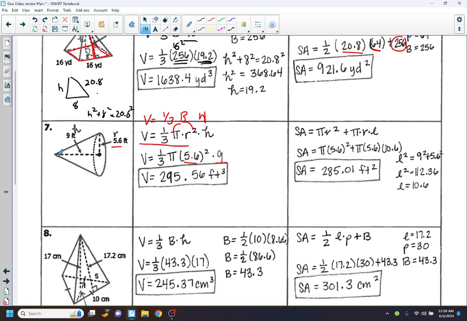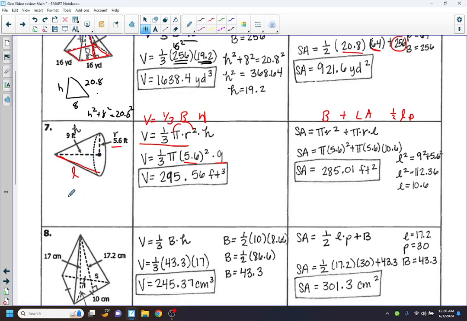The problem is I need the lateral height for the perimeter. So here is going to be the base plus LA, in this case, lateral area. And remember, lateral area is 1/2 L times P. So I kind of need L in this case.